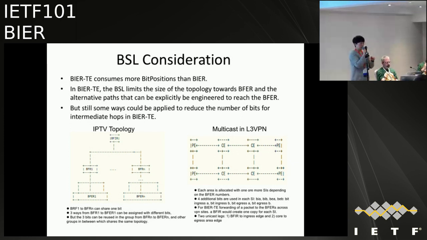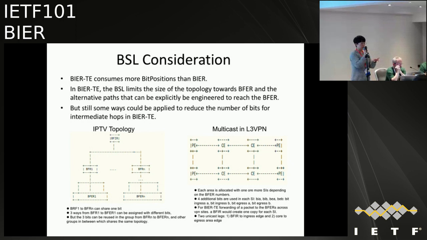That means it consumes more bit positions than BIER. But in our opinion, there are still some ways to reduce the number of bits, for example by assigning them to the intermediate hops in BIER-TE.